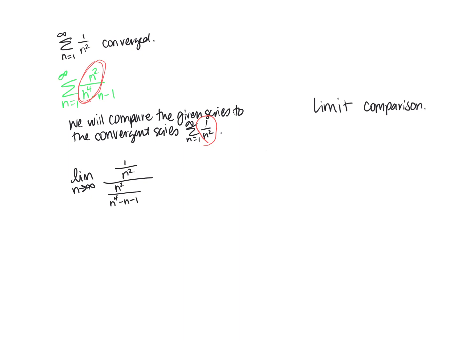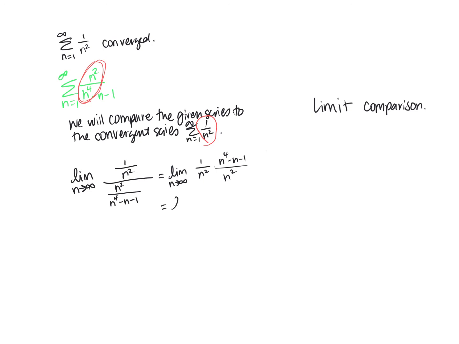And so let's work out the algebra on that. And so what we end up with is the limit as n goes to infinity of 1 over n squared times n to the fourth minus n minus 1 over n squared.